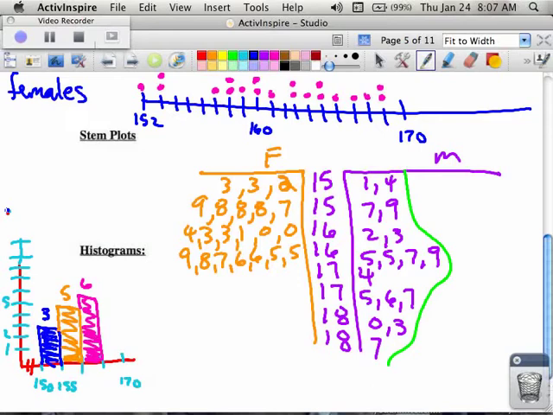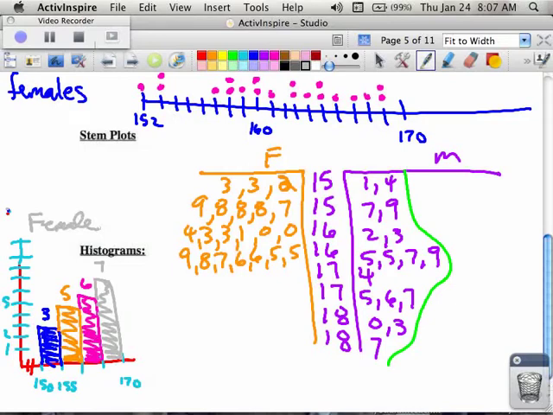So that's kind of helpful. And then in my last bin, from 165 to 169, there are 7 values, according to what I have up on the board. And this is what your female histogram would look like.